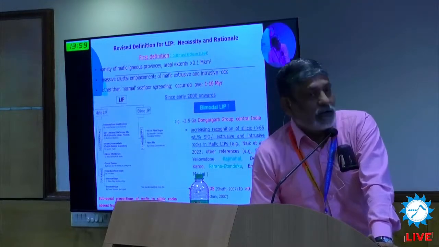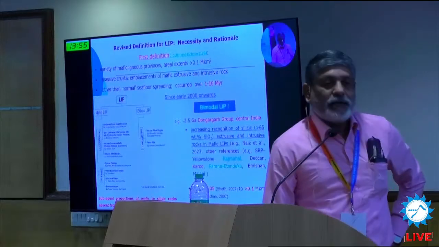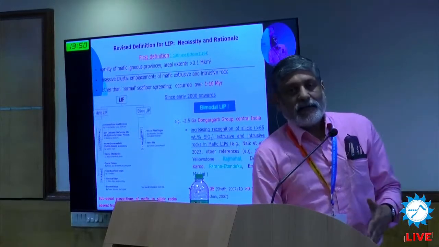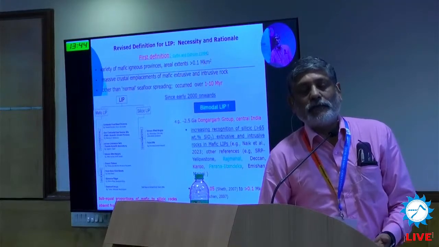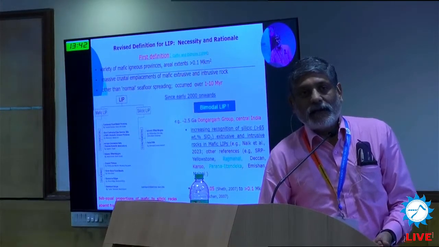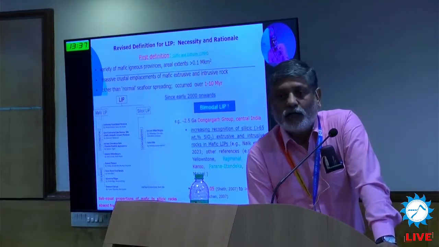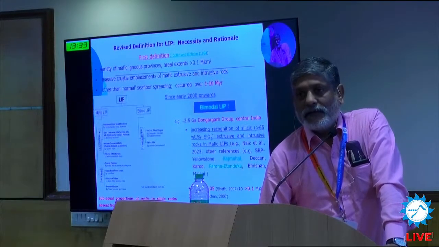Now, significant development has been taking place since 2000 onward, that even mafic LIPs do have a good amount of silicic rocks. And I must say that our friend Hetu and his group has contributed immensely from Deccan in understanding this idea.